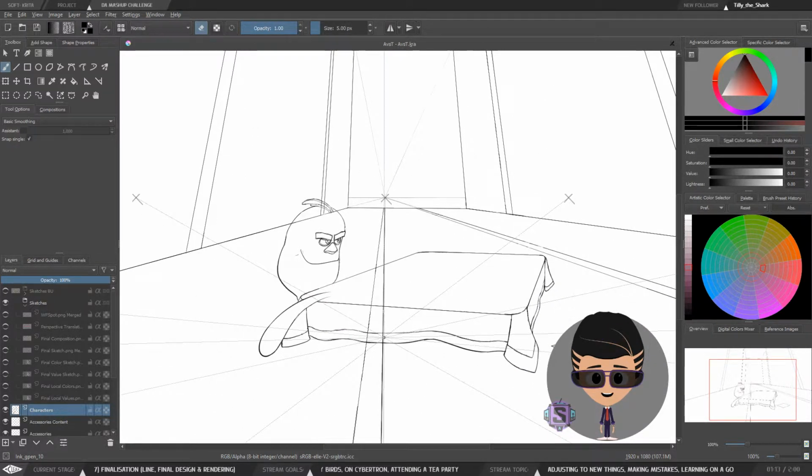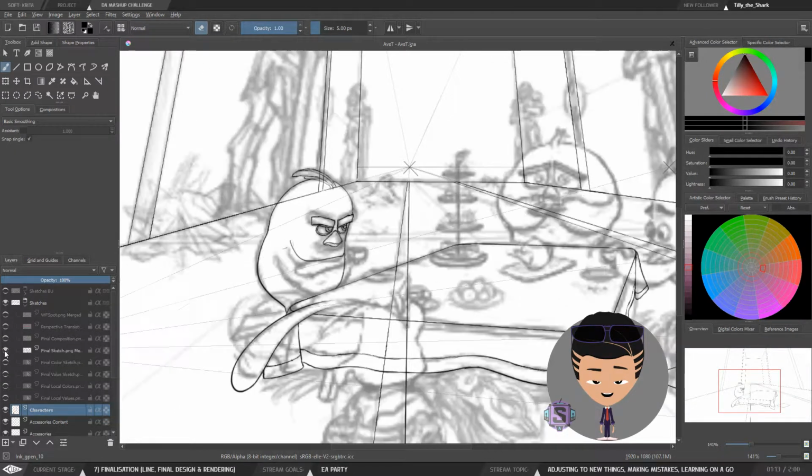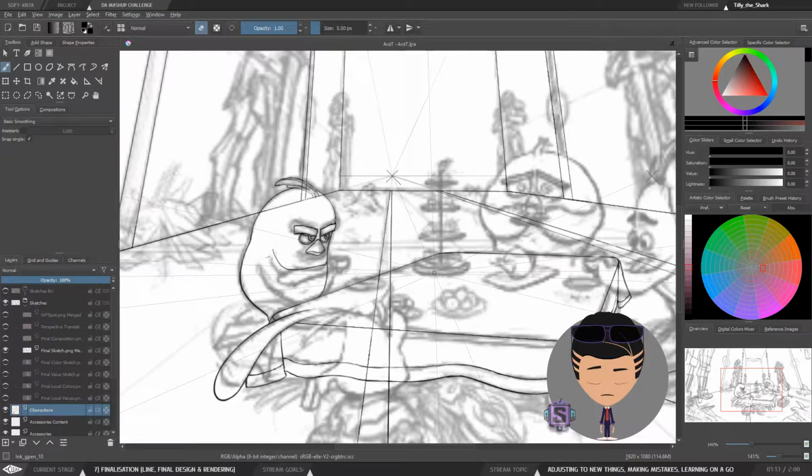The hardest thing is going to be its wings and how they're properly going to create a specific feeling. I definitely will make them not as flat as here.